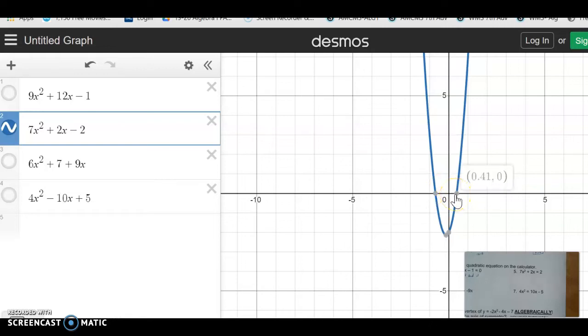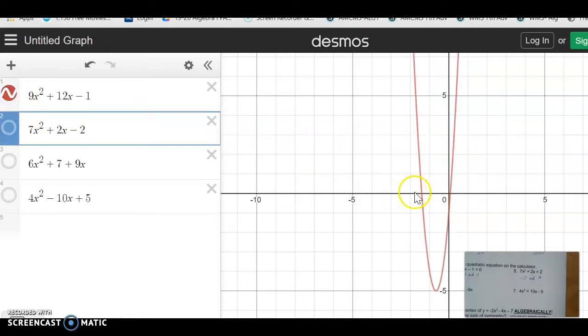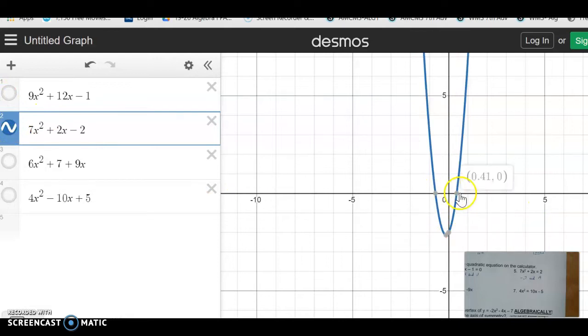So these solutions are negative 0.7 and, slide it over, 0.4. Every graphing calculator that you have will find these. Notice that this one had two solutions because it crossed the x-axis twice.